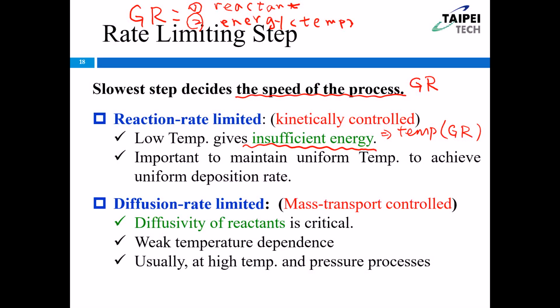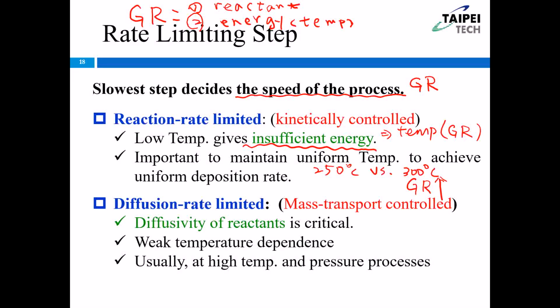So for example, if the deposition temperature is 250 versus 300 degrees Celsius, and if you increase the deposition temperature, the growth rate will be enhanced.